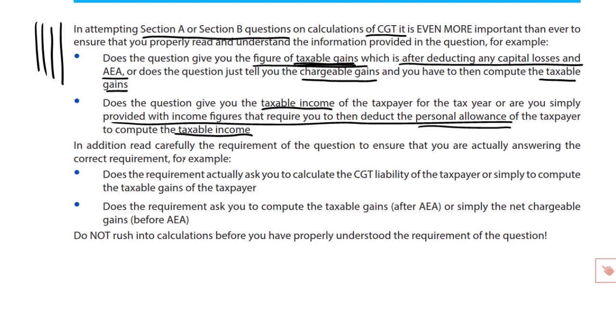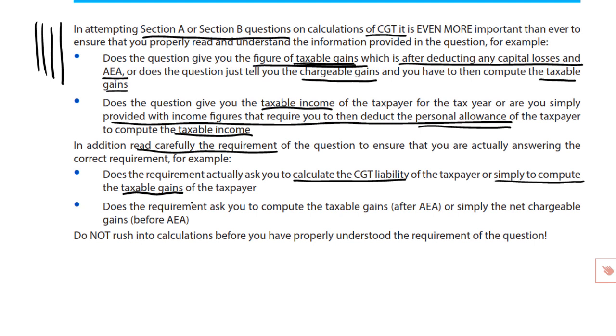And of course, as we've said, read carefully the requirement of the question to make sure that you're doing what they're asking you to do and not what you think you should be doing. Does the requirement actually ask you to calculate the CGT liability of the taxpayer, or simply to compute the taxable gains? Do we want the tax?